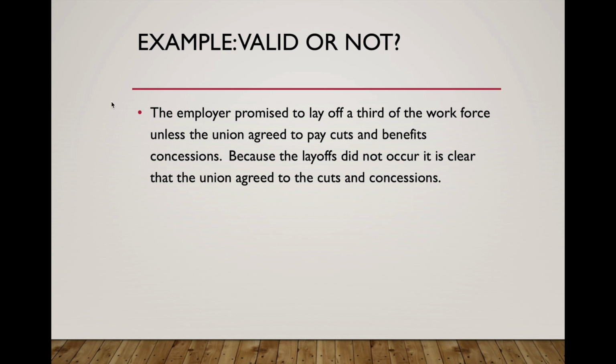The conditional form is signaled in this case by the word "unless." Unless we always read as "if not," right? And so we have, in effect, a negative antecedent, and the conditional statement would be: unless, that is, if the union does not agree to pay cuts and benefits concessions, then the employer promised to lay off a third of the workforce.